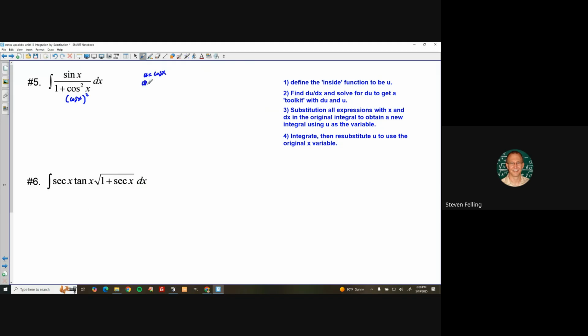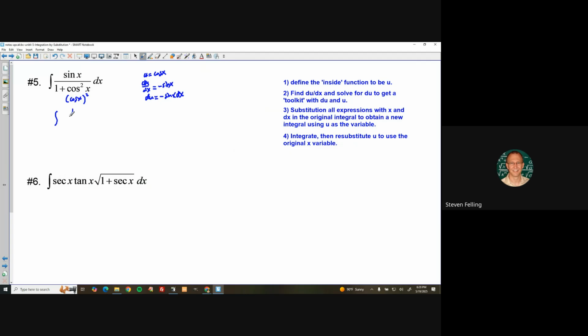The derivative of cosine is negative sine, so that means du is negative sine x dx. And that means if I want to substitute this, first of all, if I bring this sine x down on the side here, actually let me rewrite this a little bit.